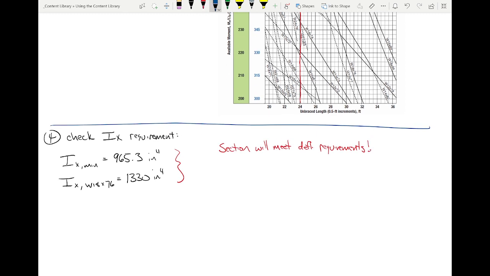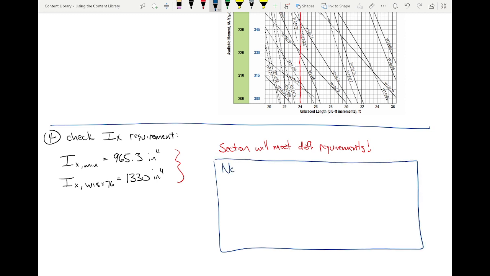Now, a note, what would we do if it didn't? Like, what if it didn't meet the deflection requirements? I'm asking you, what would we do? What does that mean, though? Go to the next line across. You're saying go to the next line here.